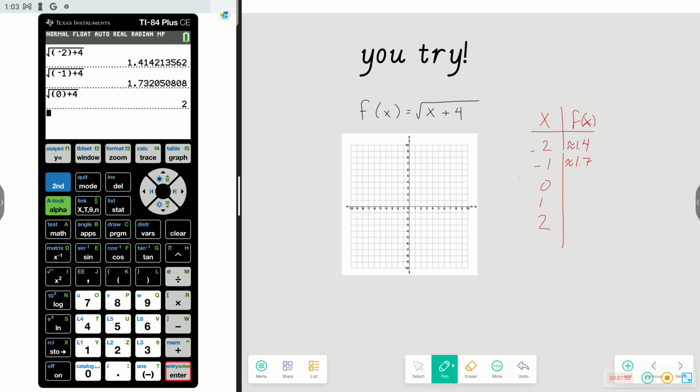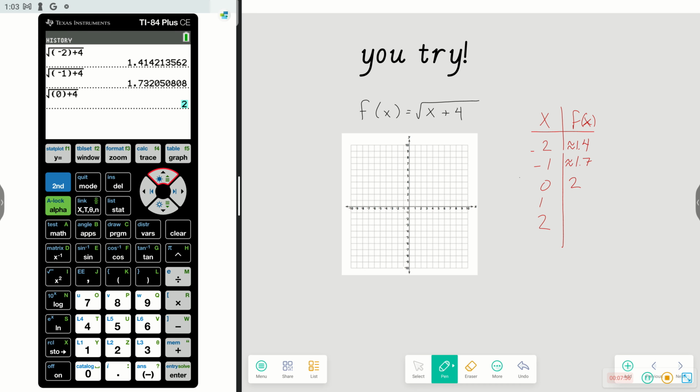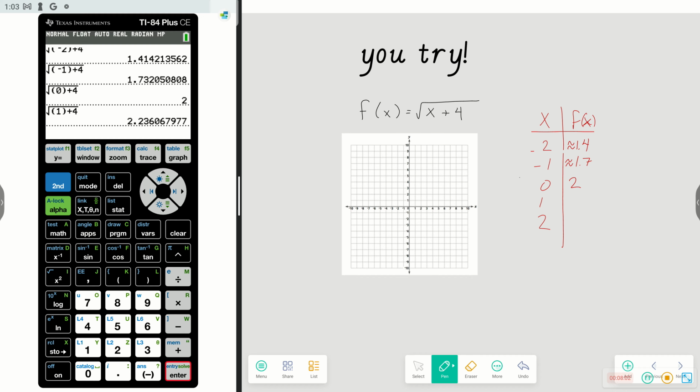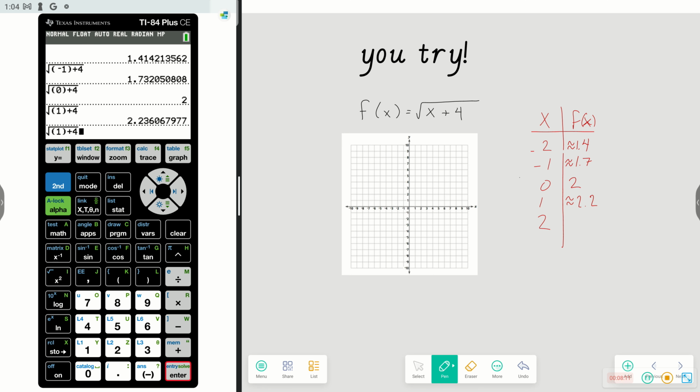And the same thing with 1. Which is approximately 2.2. And then I'm going to do the same thing with 2. Which is approximately 2.4.